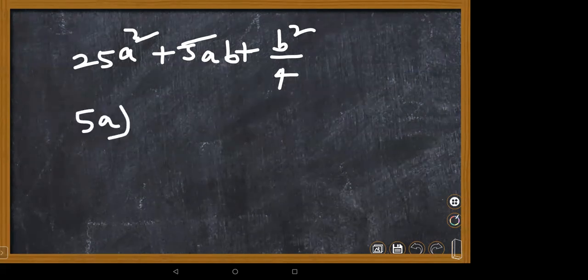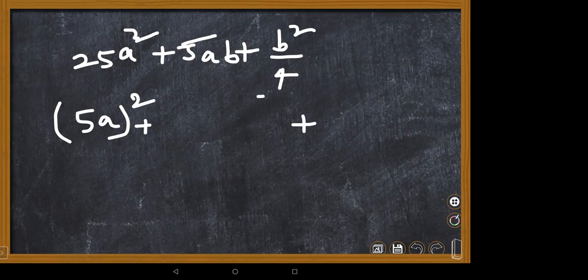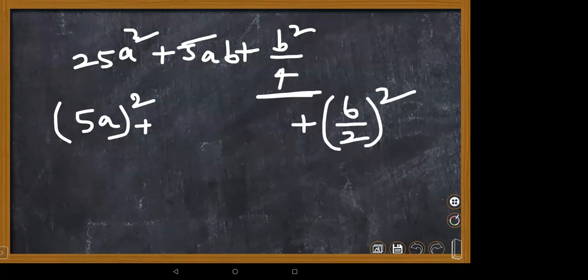Not 5a square, 5a whole square, right? And for the last term, first you find the a and b values, children, then it is easy to write the middle term. What is the last term? b square by 4, b by 2 whole square. Yes, ma'am.